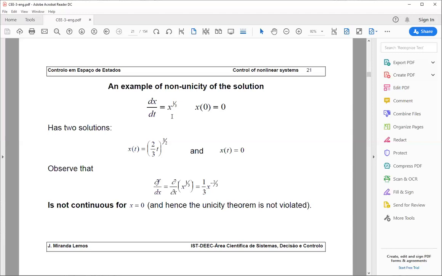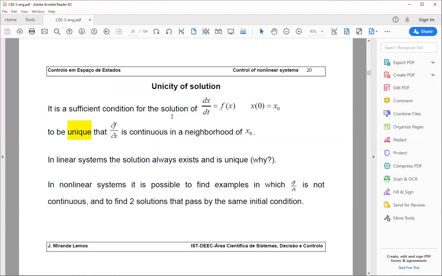But this is out of the scope of this course. But bear in mind that in some cases, we have to be confronted with these situations. Anyway, hereafter, I'm going to assume that f of x is continuous in the neighborhood of the initial condition, so the solution exists and is unique.